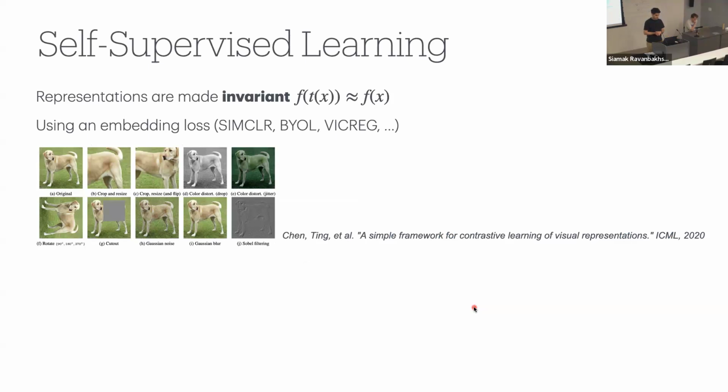The way they're used is that in methods like SimCLR, you transform the input and you have loss functions that encourage the representation to stay the same. So you have these transformations of the dog and you say, I want representations for these different versions of the dog to stay the same.